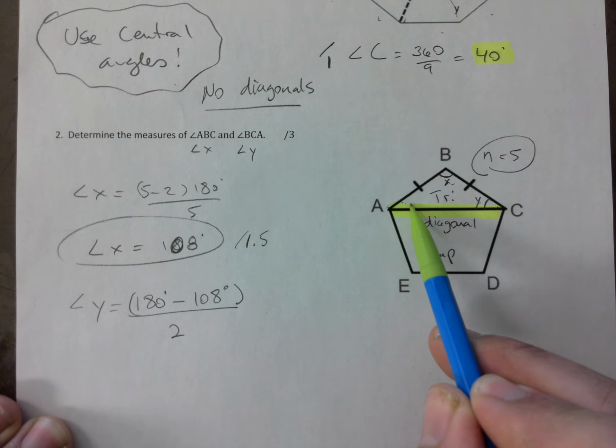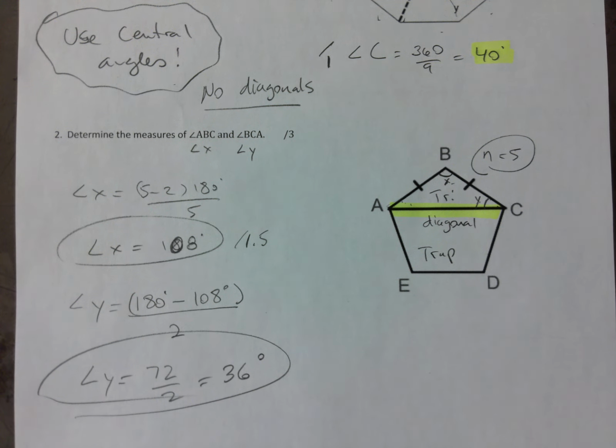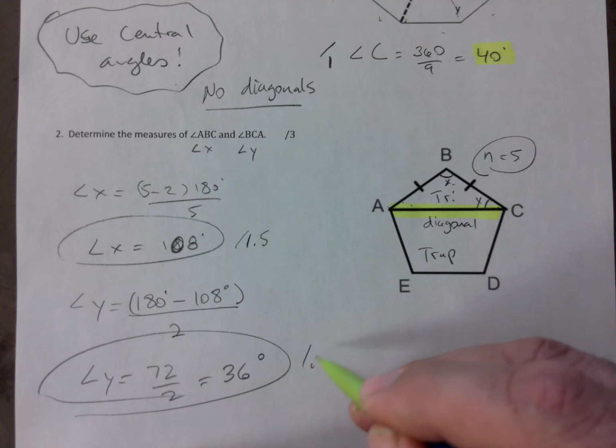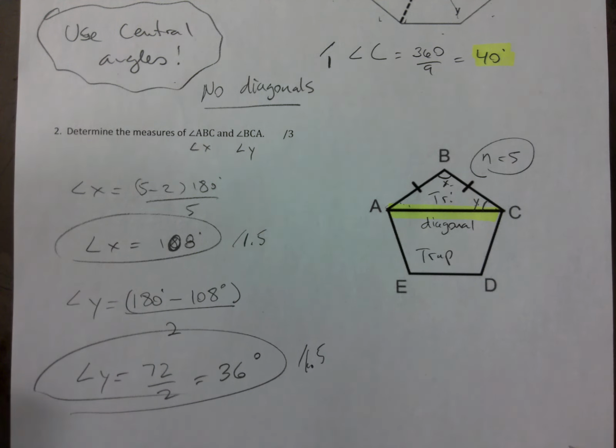So we split the remainder in half. Okay. So this would be 72 divided by 2, which is 36 degrees. So angle Y is 36. So you got yourself 1.5 there as well for doing that. So 3 marks for Question 2, I should say.